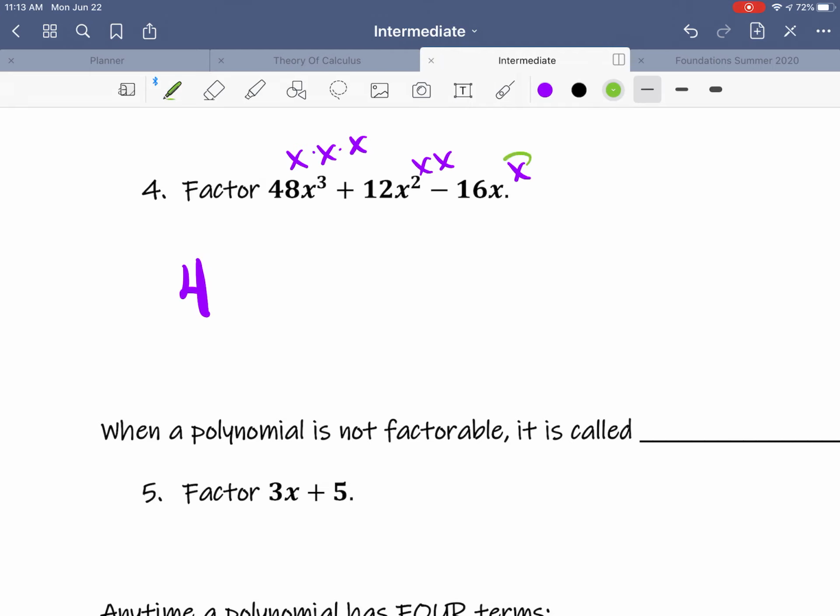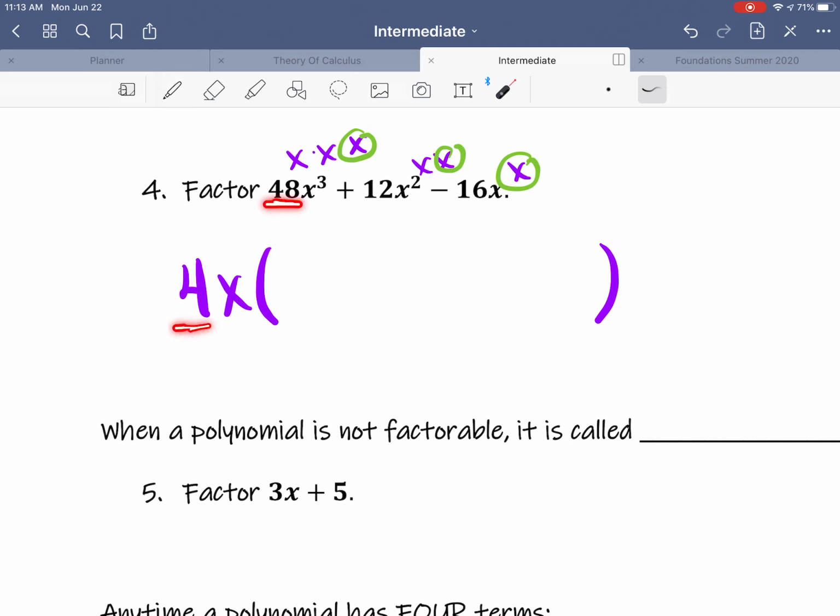And what they have in common is only 1x. So we can only pull out one of them. And then what you're going to write as your leftovers goes in your parentheses.